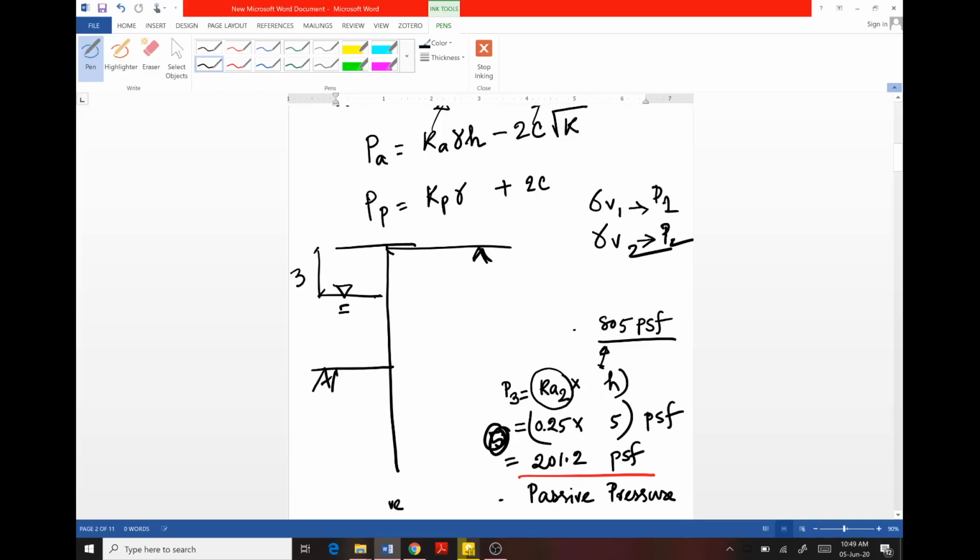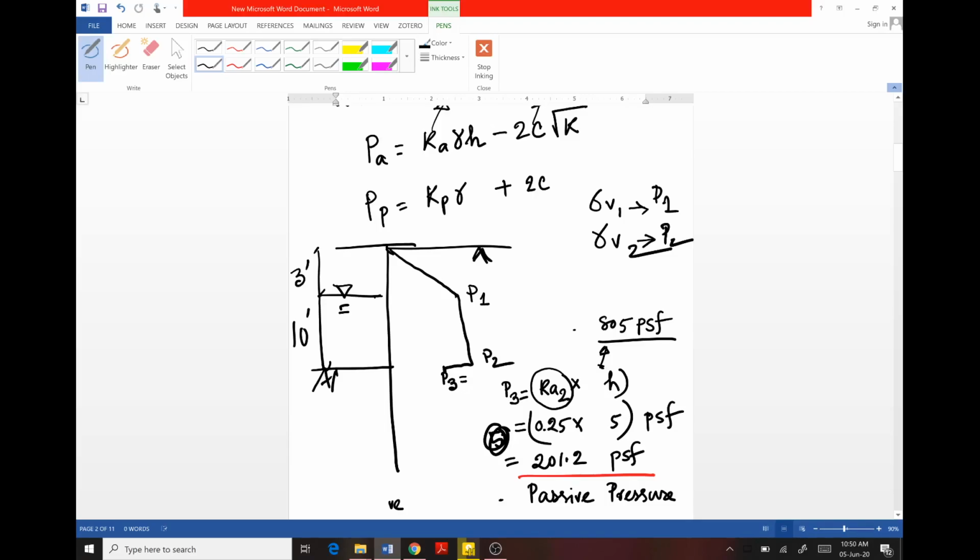This is the groundwater table from the existing ground level to 3 feet, and this is 10 feet. So we have our earth pressure diagram up to this. This is P1, this is P2, and since the stratification of the soil layer occurred, the pressure diagram also changed at this point.